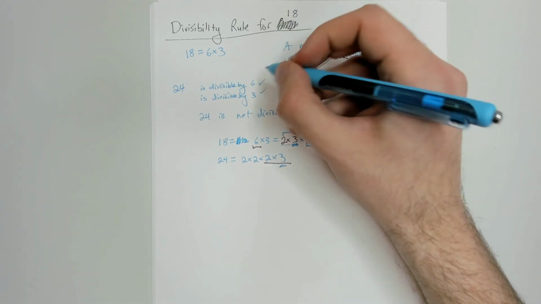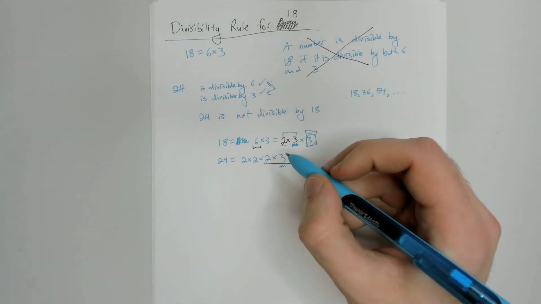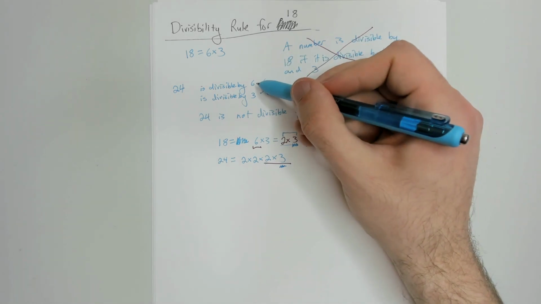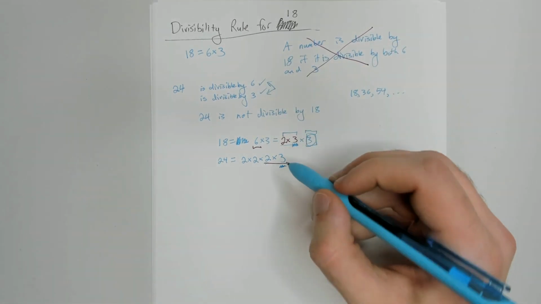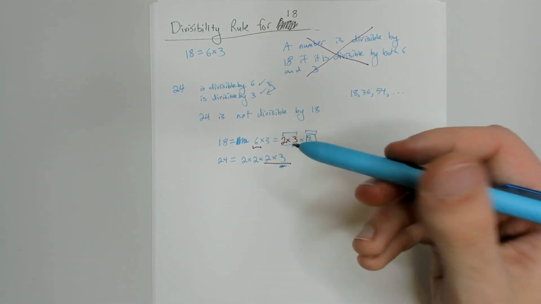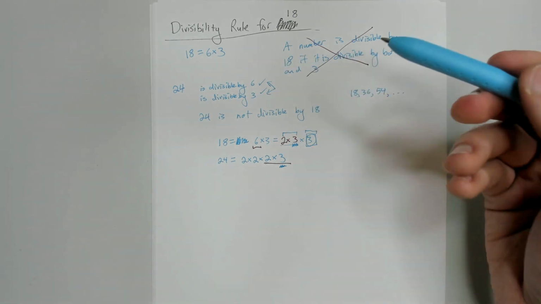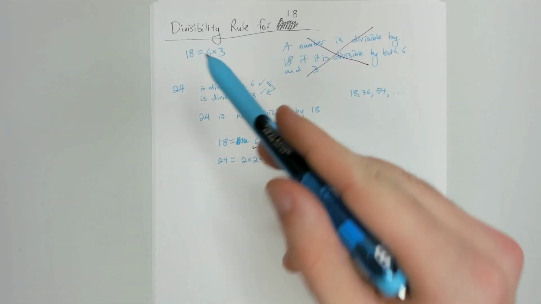And because of that, we cannot actually guarantee that we can keep these separate from each other. The 2 and 3 that made 24 divisible by 6 contained the same 3 that made it divisible by 3. It wasn't two separate 3's. So that meant we weren't actually getting a number that's divisible by 18. So the test will not actually guarantee we're getting something that is divisible by 18.